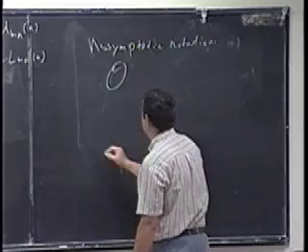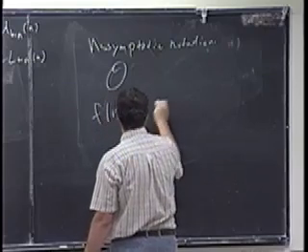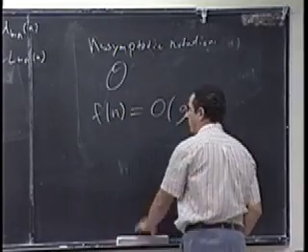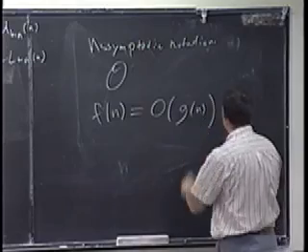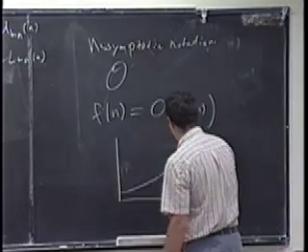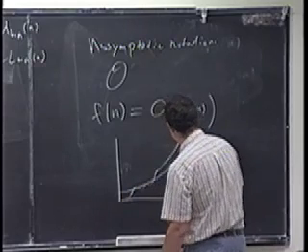And so we say that a function f of n is big O of g of n. So one function is big O of another function. And let me write what this means roughly.